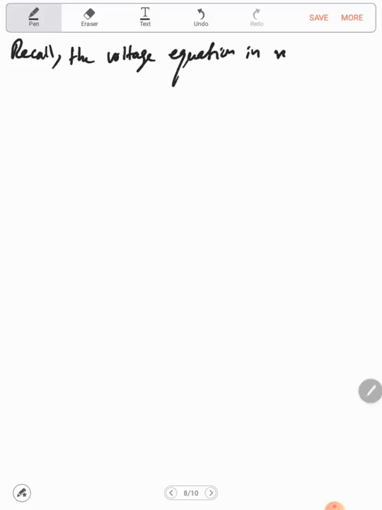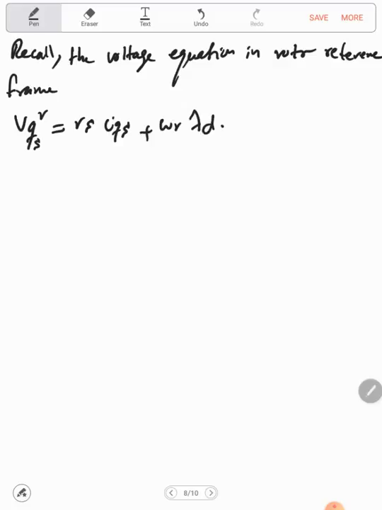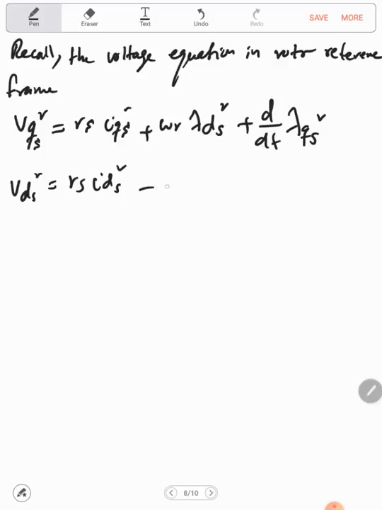VQS in the rotor reference frame was equal to RS IQS plus omega R lambda ds R plus d by dt of lambda QSR, and VDSR equal to RS IDS R minus omega R lambda QSR plus d by dt of lambda DSR.